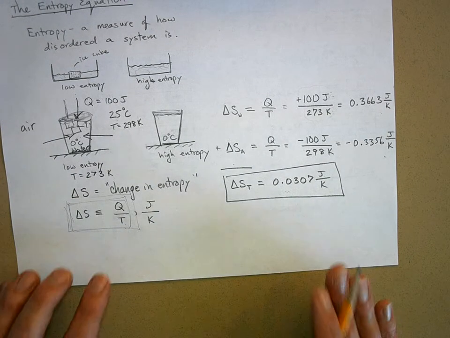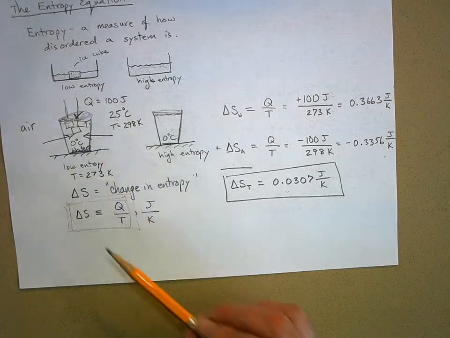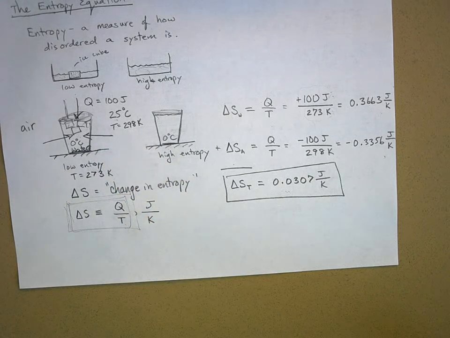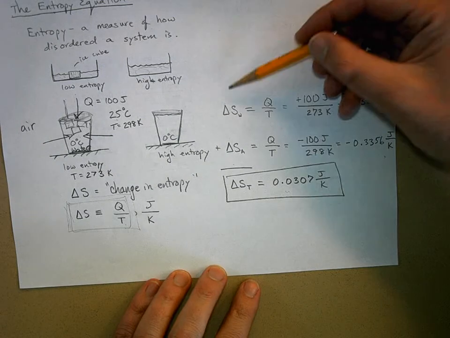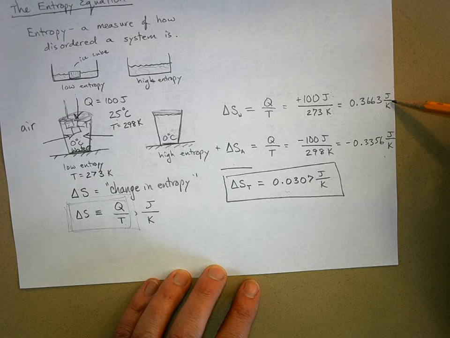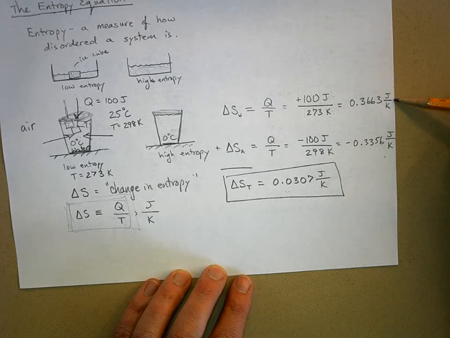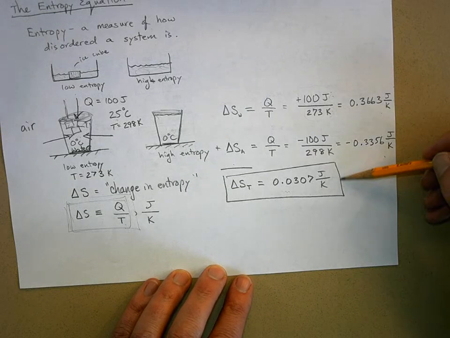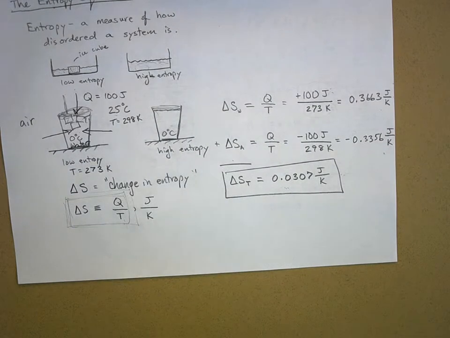Well, if you've got a system where you've got a high temperature material and a low temperature material and heat flows from high to low, if you look at the change in entropy based on this definition, the change in entropy will always be positive. We're always going to increase the entropy of our overall universe. This is really profound. The amount of entropy in the universe is always increasing.